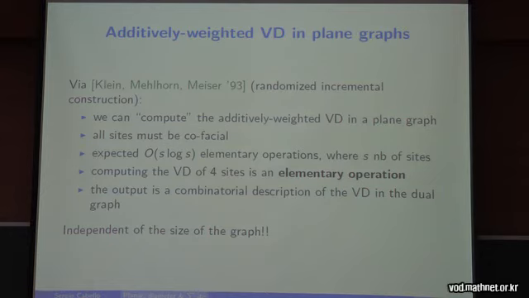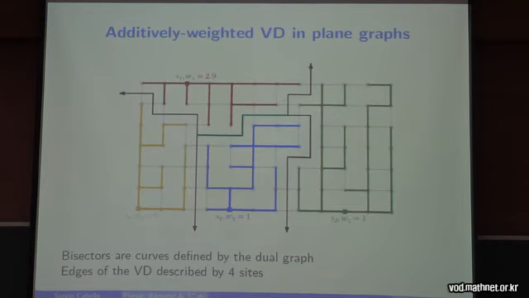I don't understand the second to last point there. So when you say that this is an elementary operation, the picture on your previous slide, constructing that is considered an elementary operation. Yes. So if you would have 1,000 sides, to build the Voronoi diagram of that, you will need to build order of 1,000 log 1,000 of these kind of things for 4 sides only.